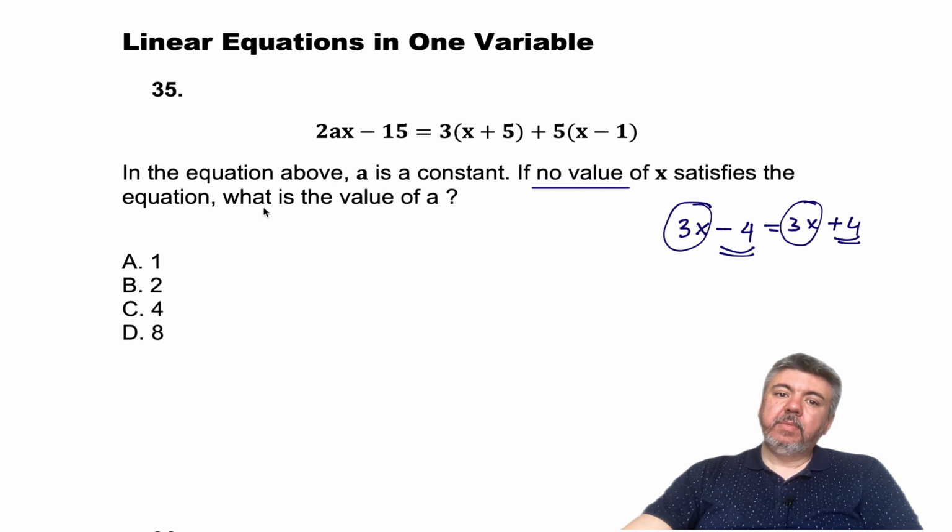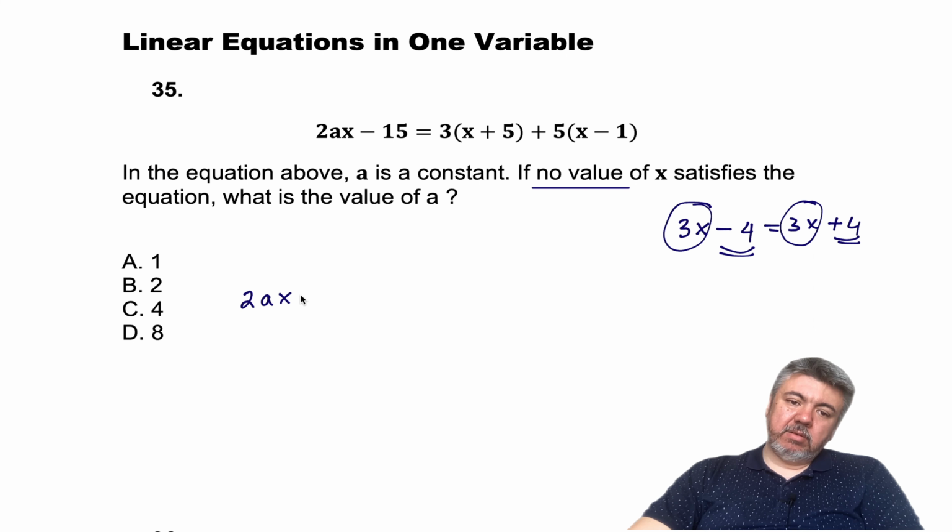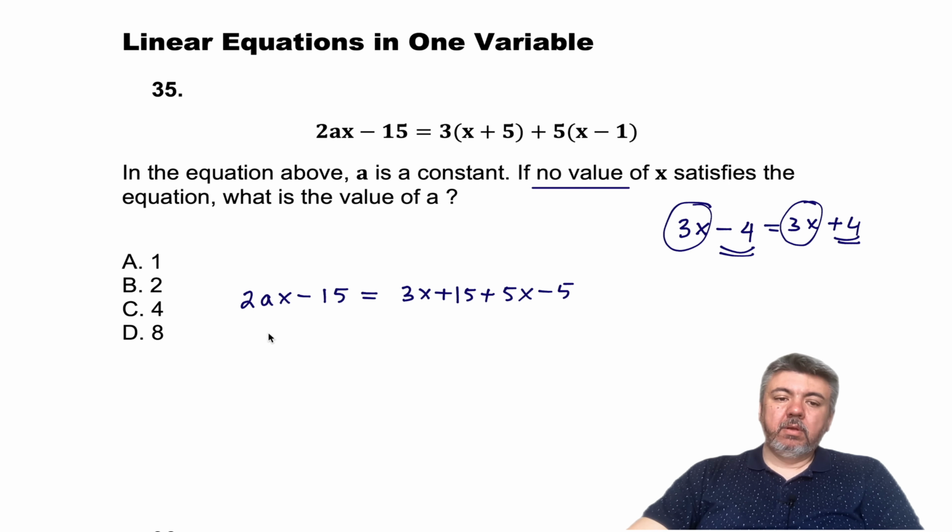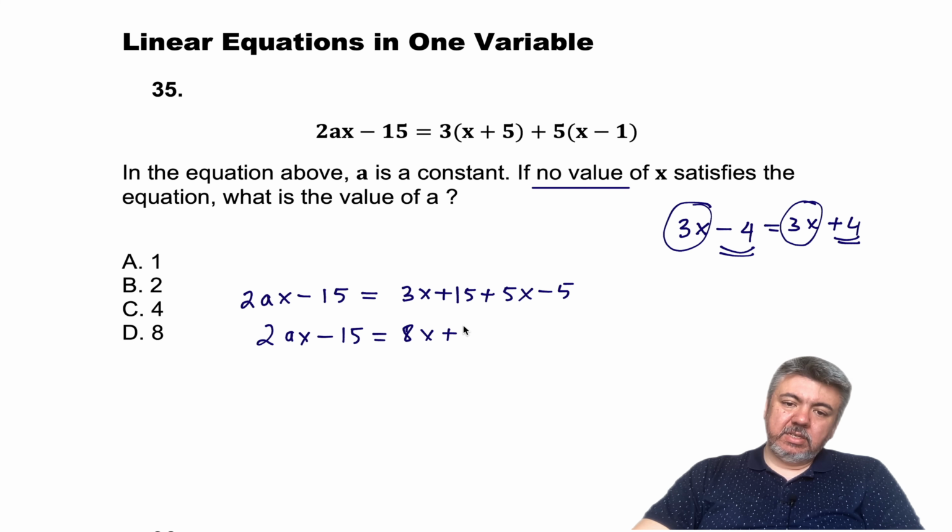That's the idea. So let's expand that. 2ax minus 15 equals 3x plus 15 plus 5x minus 5. 2ax minus 15 will be 8x plus 10.